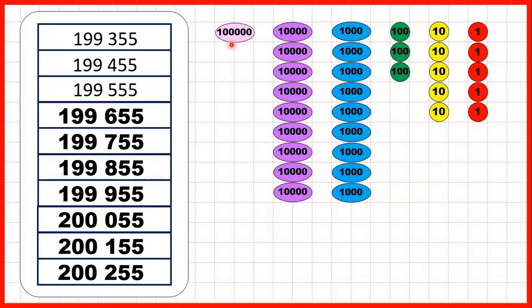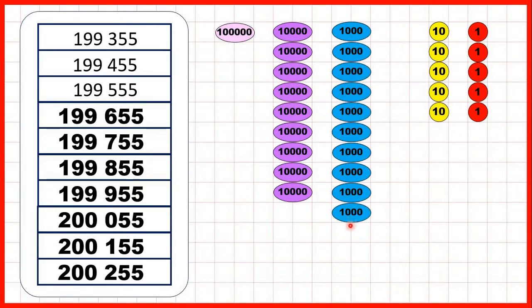Then we started with 199,355. So that's 100,000, 9 10,000s, 9 thousands, 3 hundreds, 5 tens, and 5 ones. We're counting in hundreds, so we can add hundreds counters each time. But then, when we get to 10 hundreds, we have the number 200,055. That's because we can exchange our 10 hundreds for 1,000.